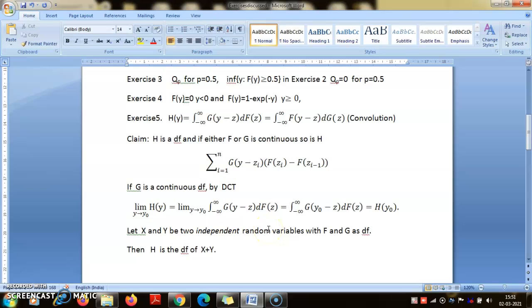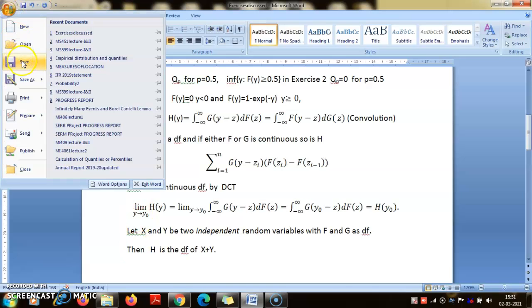It is of great value to know even this, although you have not yet studied what is independence of random variables. The fact is that this new function is a distribution function, and its interpretation is that it is the distribution function of the sum. So these are some important exercises.